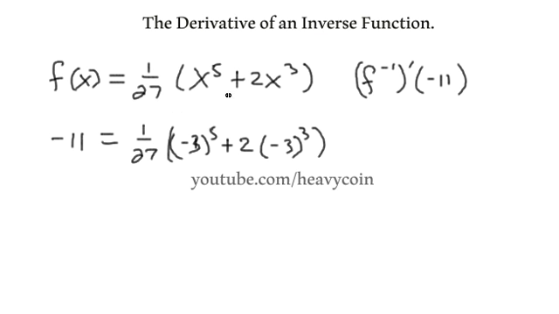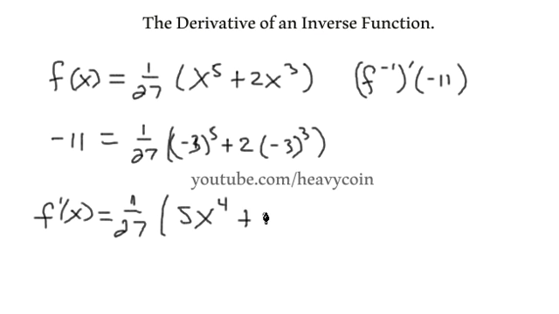So we take the derivative of what we've got up here, so f prime of x is equal to 1 over 27 times 5x to the 4th plus 6x squared, and then of course we want now to plug in our negative 3.